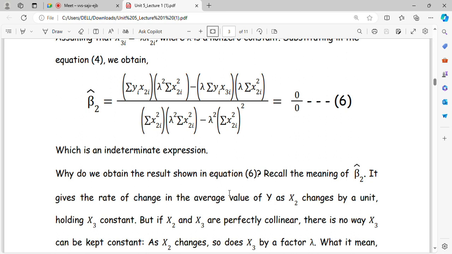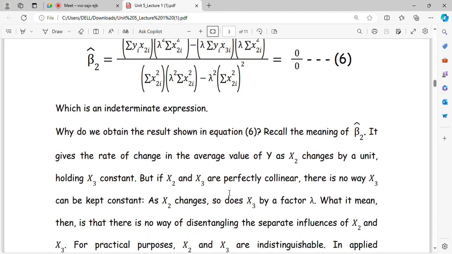It gives the rate of change in the average value of y as x2 changes by a unit, holding x3 constant. We assumed that x3 is constant when we are interpreting beta 2 hat, right? That's why it is known as the partial regression coefficient. But if x2 and x3 are perfectly collinear, then there is no way x3 can be kept constant.